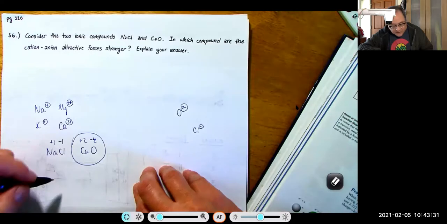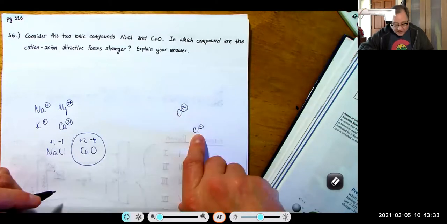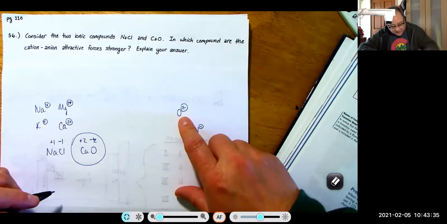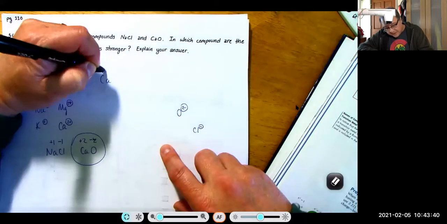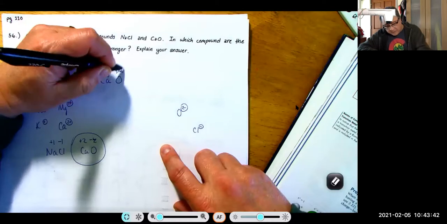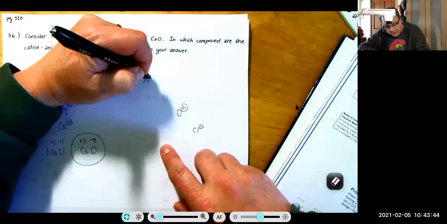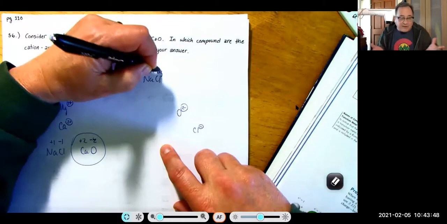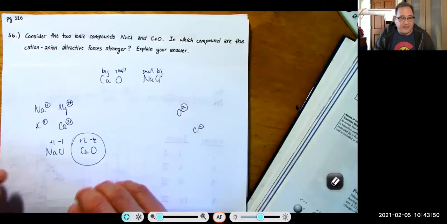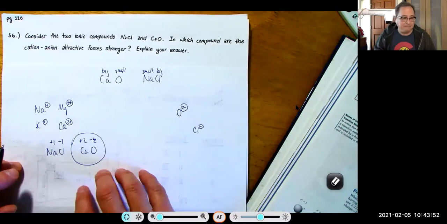But when you look at oxide versus chloride, oxide is smaller. So in calcium oxide, you've got a big and a small. And for sodium chloride, you've got a small and a big. So the distances average out to be about the same between the atoms, or between the nuclei.